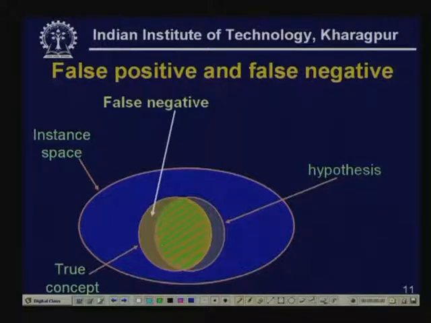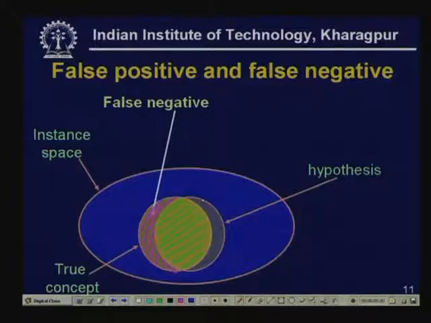Whereas, if you look at these examples, for these instances, they are actually members of the concept, but they are not members of the hypothesis. So, these are called false negative instances.